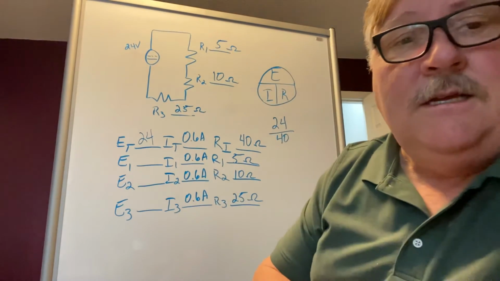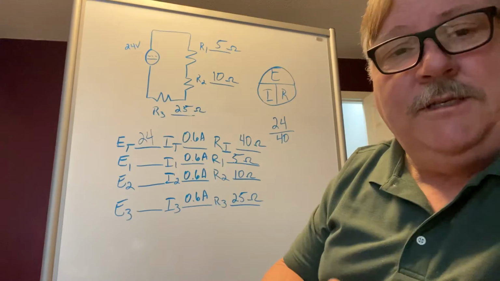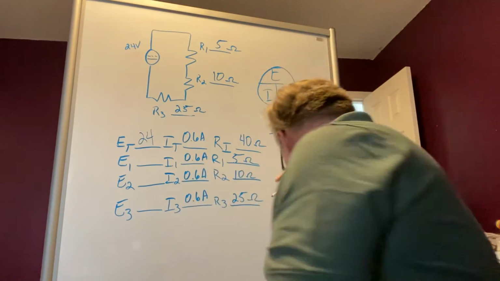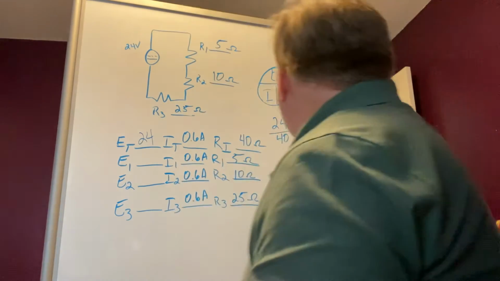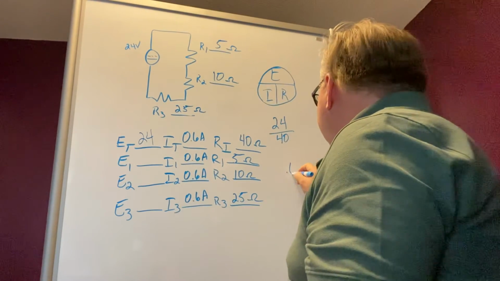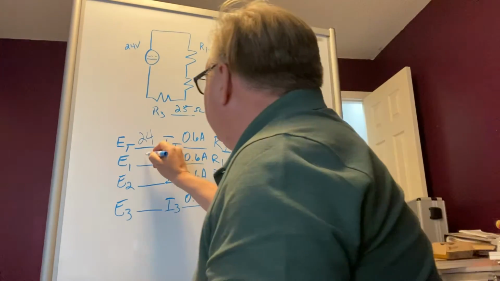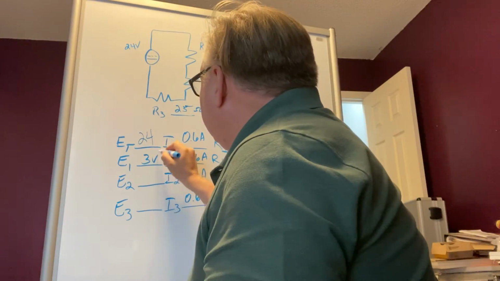Okay, so now we have enough information to figure out our voltage drops coming across here. So 0.6 times 5 is going to give us 3 volts.